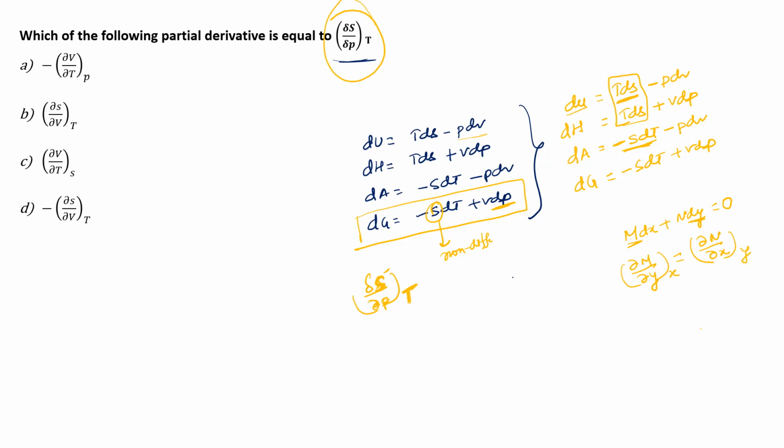So here we'll write del S by del P at constant T with a negative sign, and that will be equal to del V by del T. V will be differentiated with this del T, and the constant will be pressure. In the question, it is asking for del S by del P at constant T, so this negative sign can be taken to the right-hand side, so it will be minus del V by del T at constant pressure.